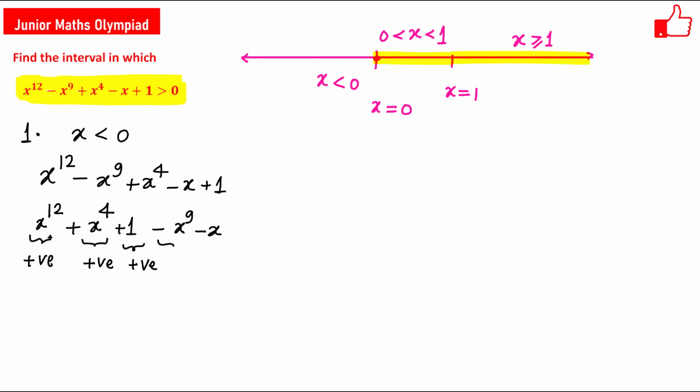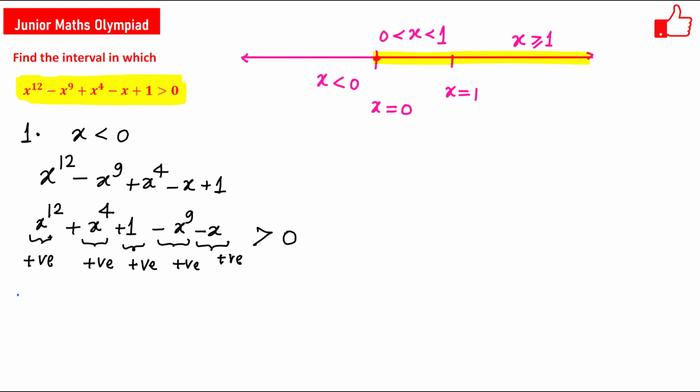Now what about minus x raised to the power 9? x is negative and an odd power will be negative, but I have a negative sign, so this is also positive. And this is also positive because x is negative but minus x is positive. So in this case, for all values of x less than 0, this quantity is greater than 0, that is positive.